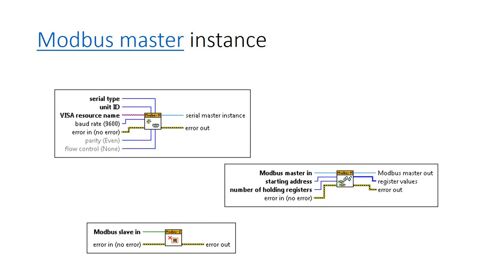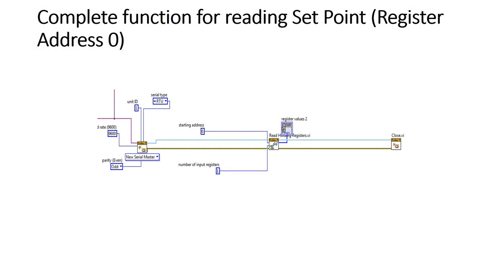Now in order to build a GUI, you know that you have to have certain blocks which come along with the library, which look like this, and we will take an example. Let's say you want to simply write or read the set point which is already in one of the PID controllers.